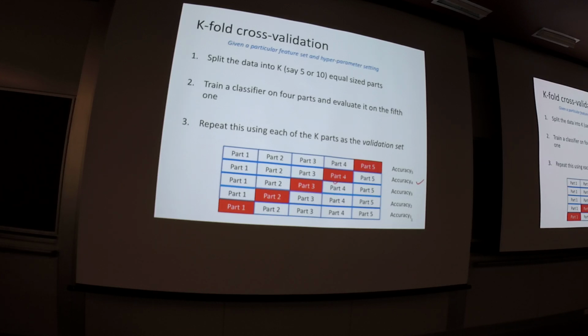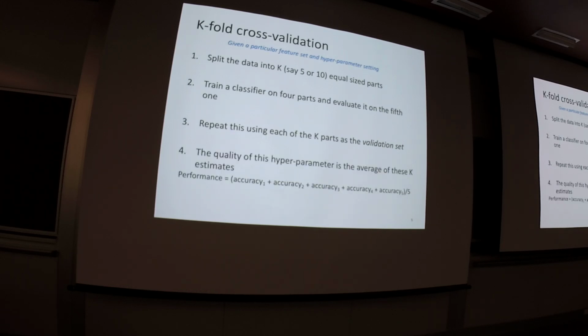I get a list of accuracy values and average them: I add them together and divide by k, here 5. This average accuracy is the performance of this specific C value 0.01.